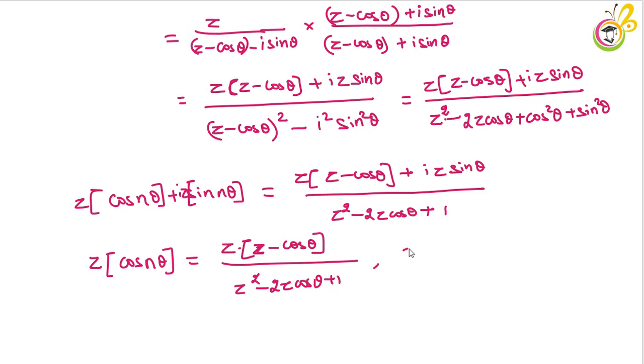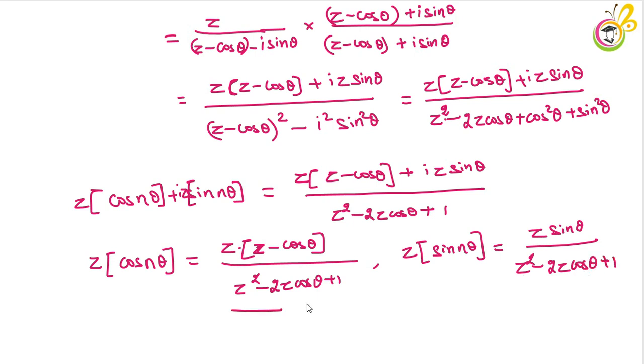And the imaginary part is Z of sin n theta equal to z sin theta divided by z square minus 2z cos theta plus 1. That's all. So the first result and the second result are both solved together in this problem. Now we move to the next problem.